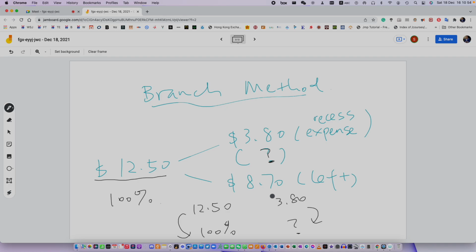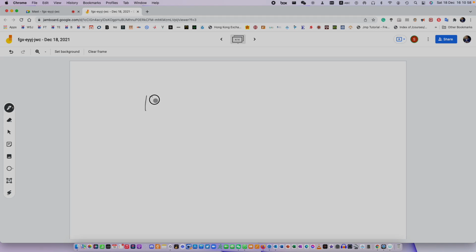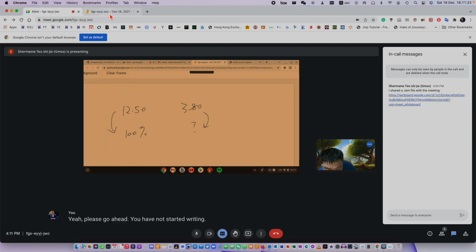Actually, now is your turn to write on this. Let me just go to the next page. So 12.5 is 100%. You can take out your calculator. 380 is how much? Can you continue from here? Please go ahead. You have not started writing, have you?